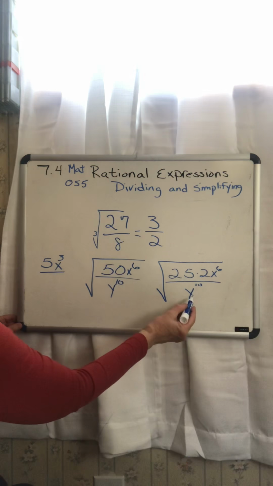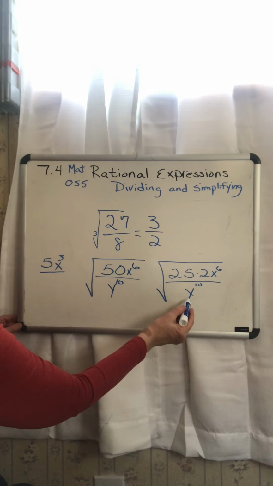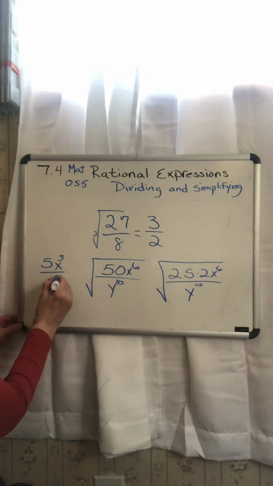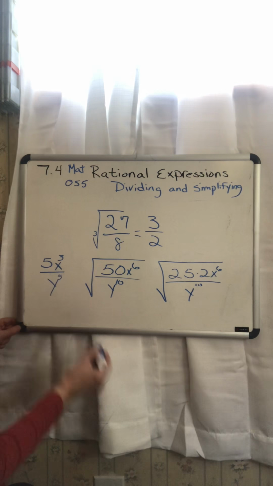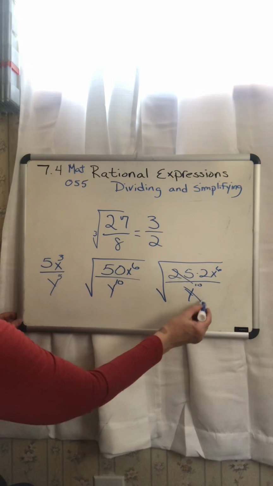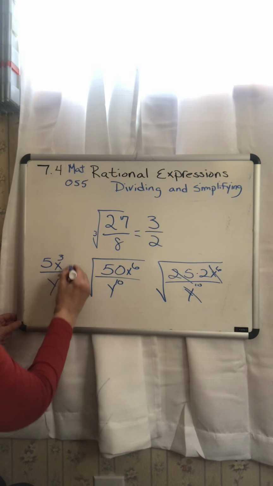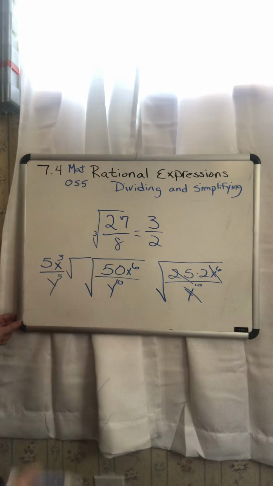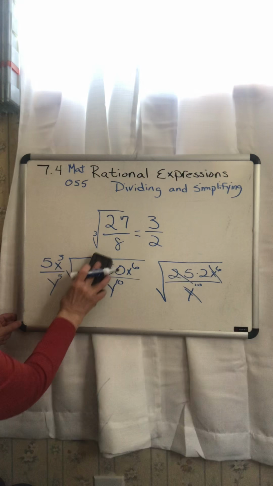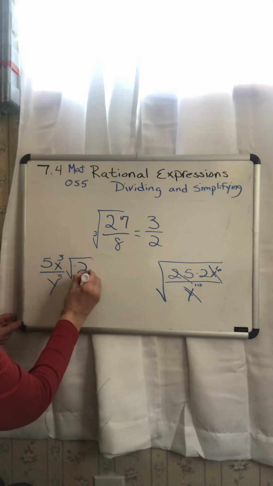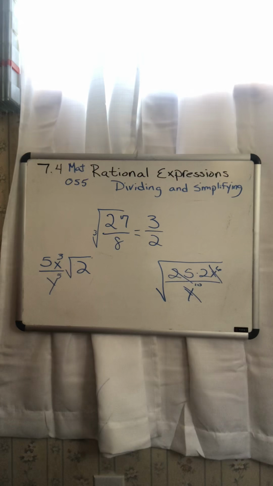And then y to the 10th is also a perfect square. 10 divided by 2 is 5, so it would be y to the 5th. So the only thing we have left inside the radical is the 2, so we would put that back inside the radical. I'm going to erase this. And you are done.